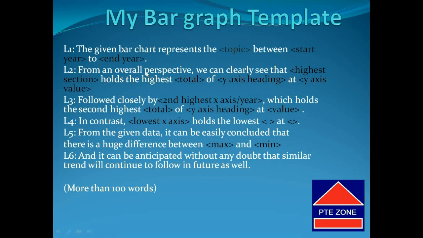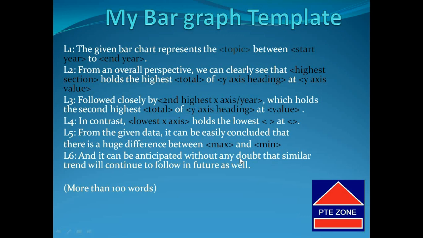From an overall perspective, we can clearly see that the highest value is something at, I will mention what is the value, followed closely by which holds the second highest, in contrast holds the lowest. From the given data, it can be easily concluded that there is a huge difference between maximum and minimum, and it can be anticipated without any doubt that a similar trend will continue to follow in future as well.